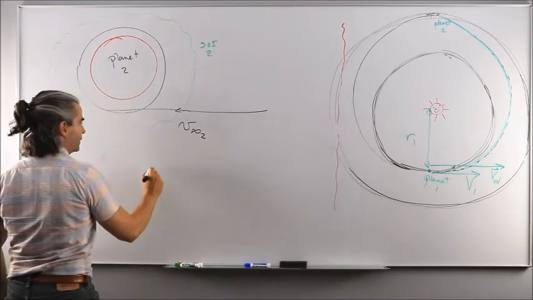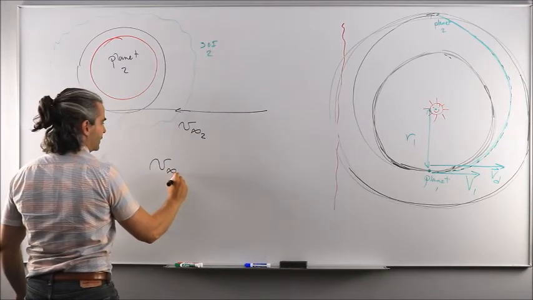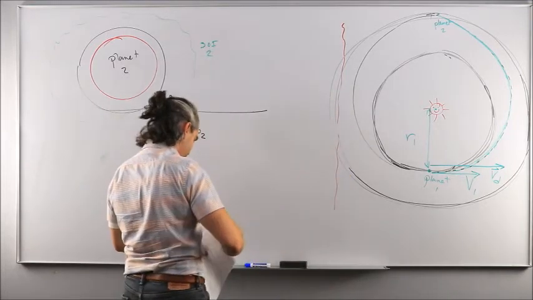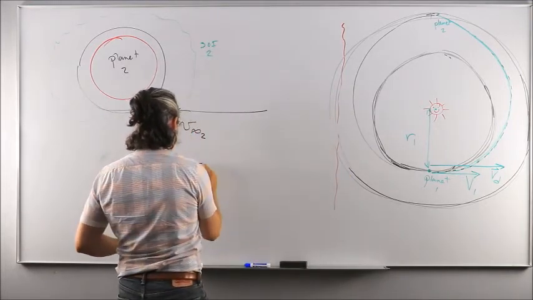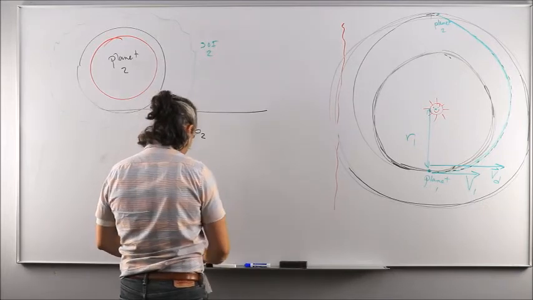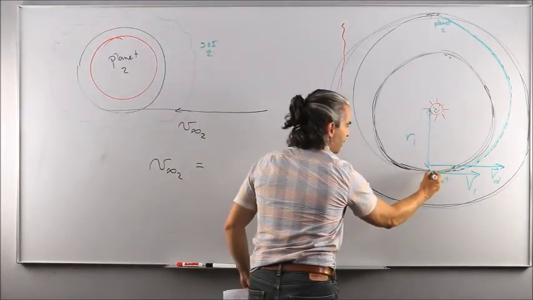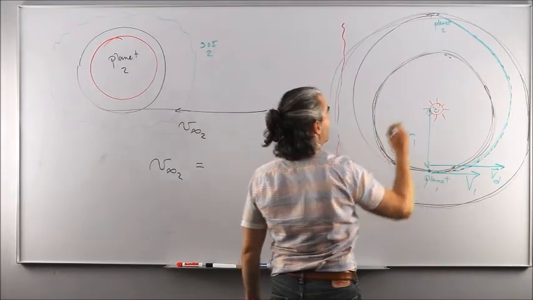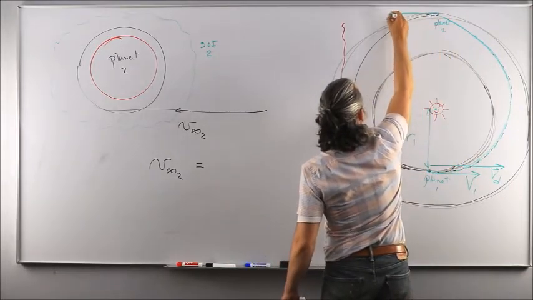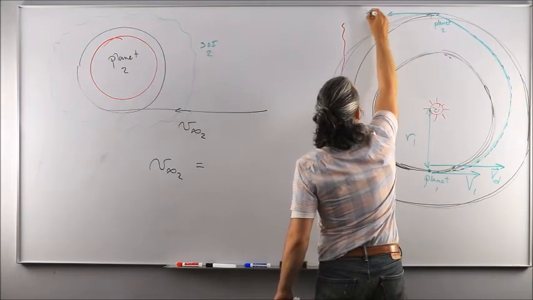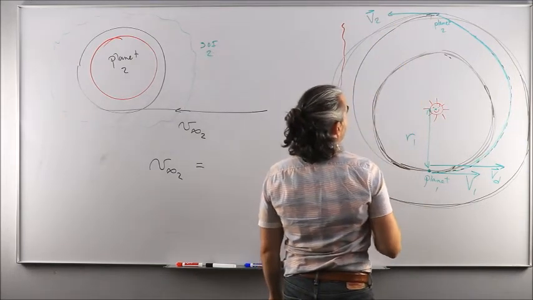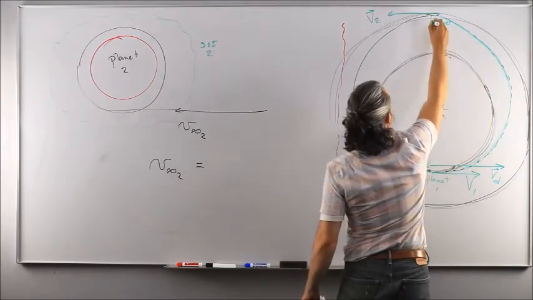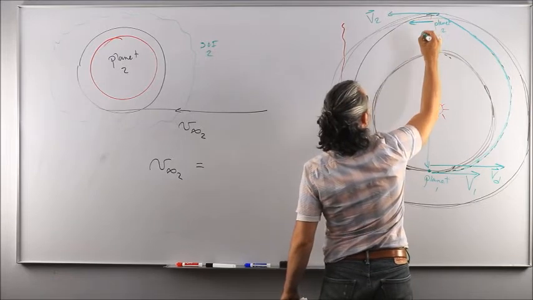Now this is going to be obtained exactly as before. So going back to our heliocentric perspective and analyzing the speed involved, this time not at departure from planet 1, but at arrival at planet 2. So planet 2 itself is coasting along a circular orbit around the sun like that, and we are coming in with a speed along this elliptical transfer orbit in the same direction, like this.